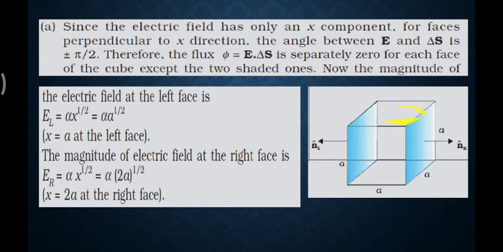If I consider the topmost face, the surface element of the topmost face is in the upward direction. As a 12th standard student, you should be aware of where the surface component points, because this is one surface.